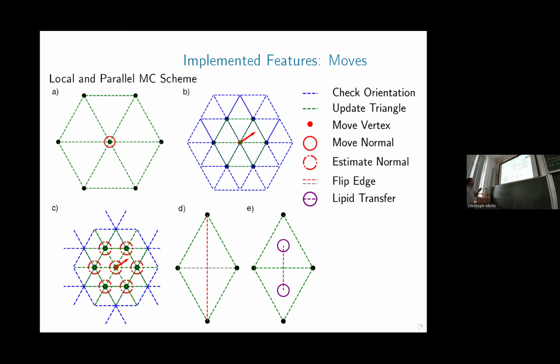And the way we manipulate the mesh is simply using Monte Carlo moves. So we have different Monte Carlo moves in the system. One moves a vertex, another one moves a normal, another one flips an edge, and yet another one transfers lipids. So on these faces, we have a fixed lipid composition.